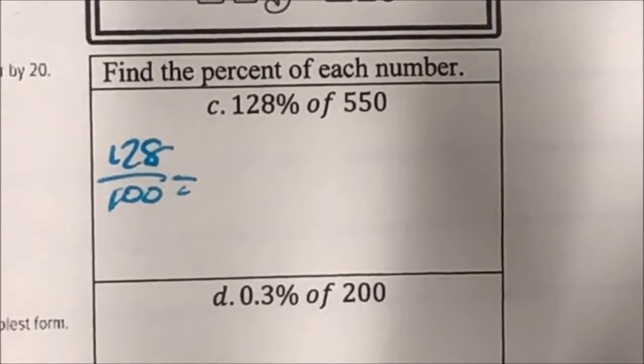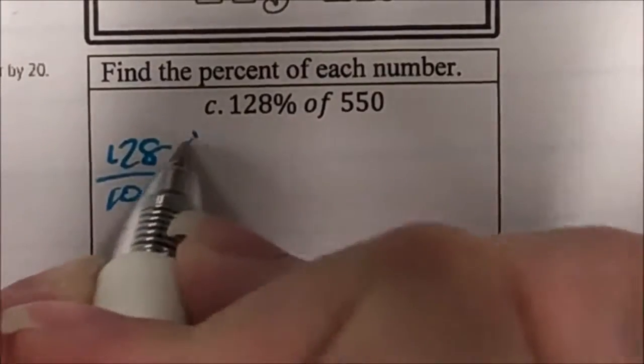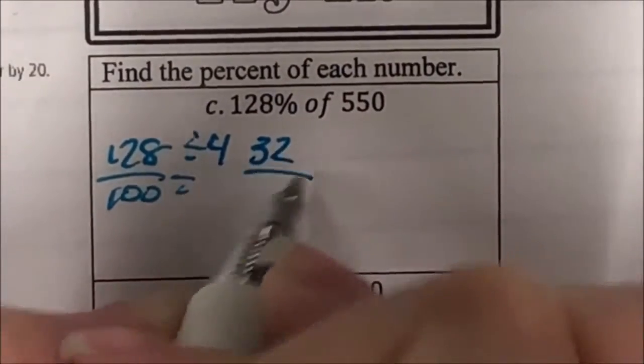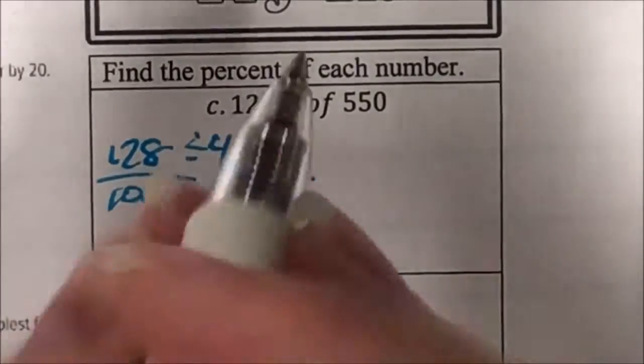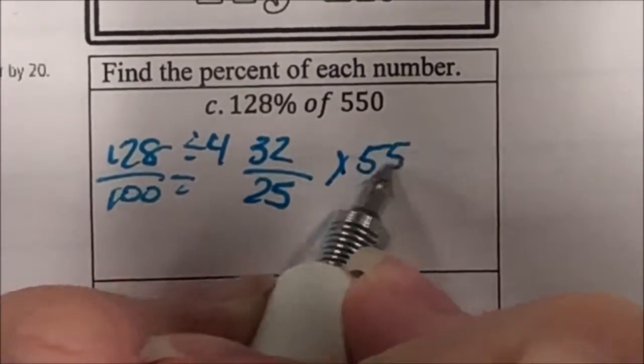I can also divide by 4. 128 divided by 4 gives me 32, and 100 divided by 4 gives me 25. Then I'm going to multiply that by 550.